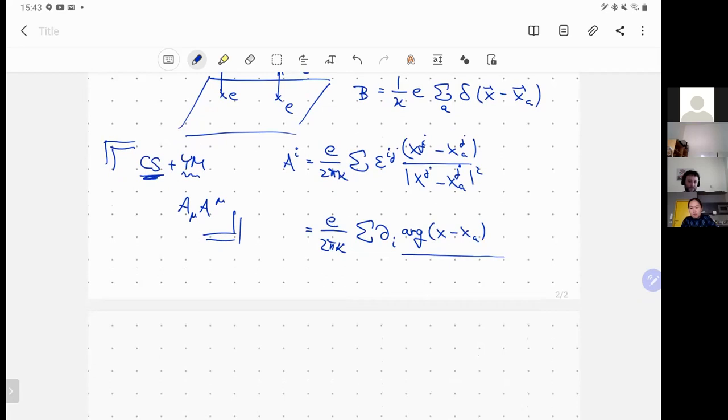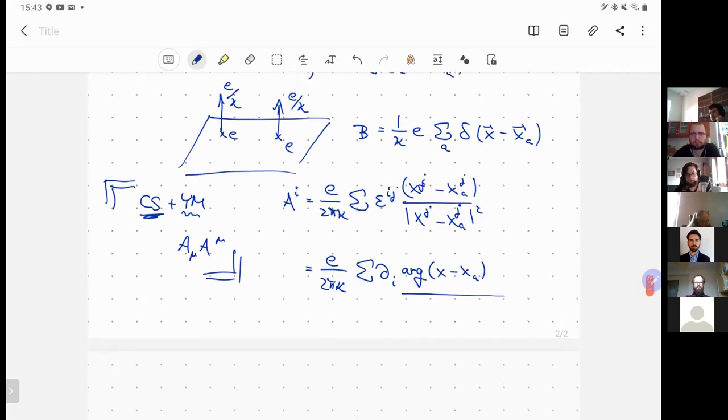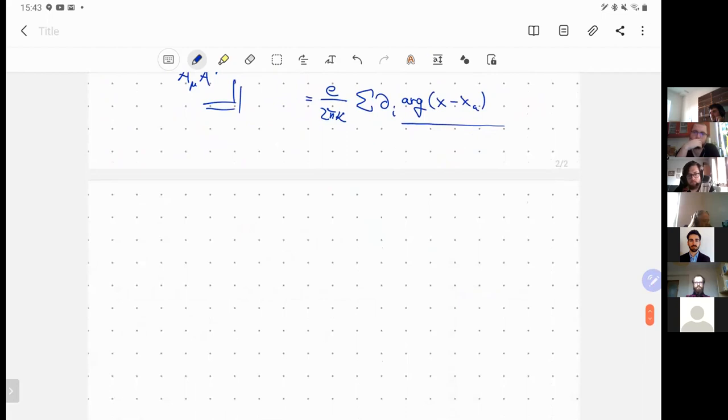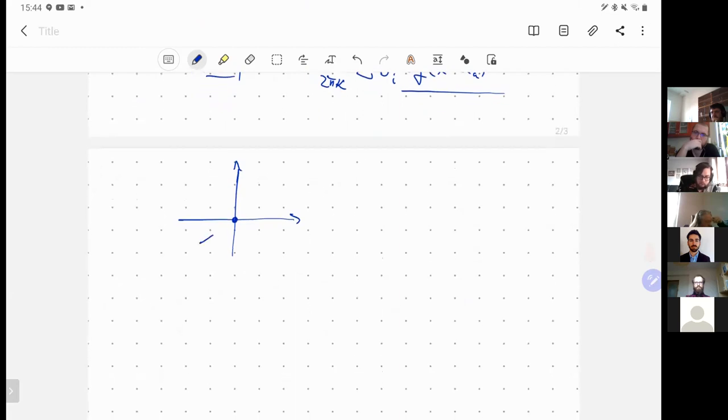But it basically tells you that the argument is just an angle with respect to some reference origin. If I put my particle at the origin, and I'm measuring my gauge field here, it will be the angle between these.